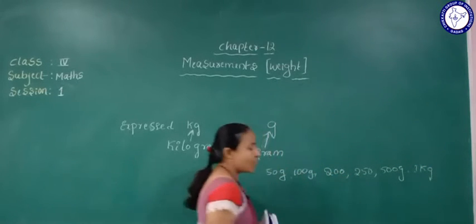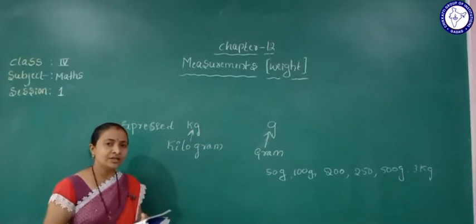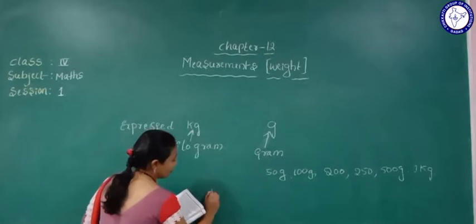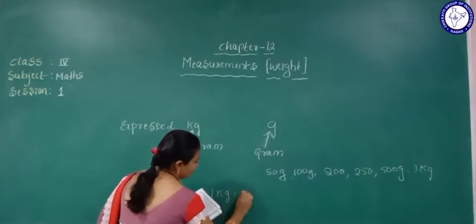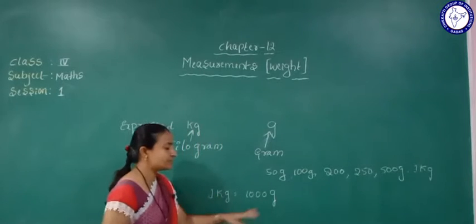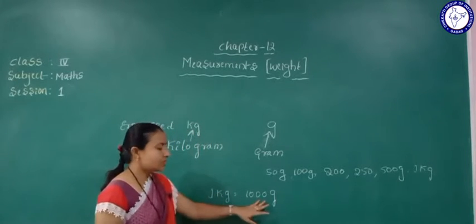So 1 kg is equal to how many grams? 1 kg is equal to 1000 gram.